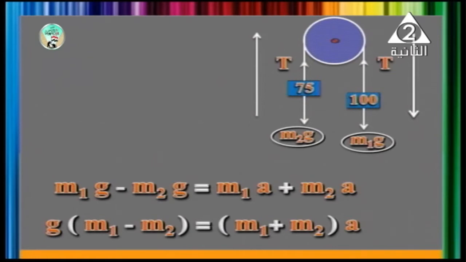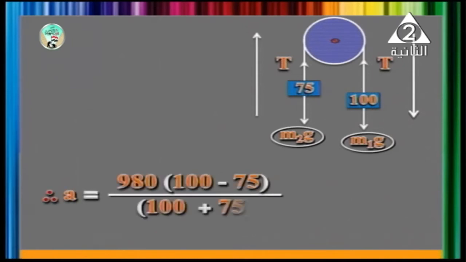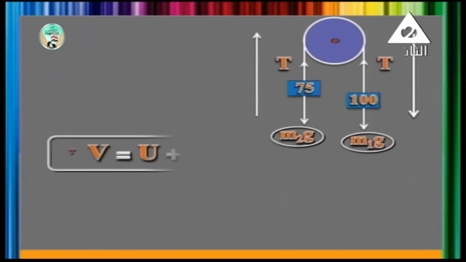Then, my dear student, we deduce that the acceleration is 180 multiplied by the bracket containing 100 minus 75 over 100 plus 75 inside the bracket, equals 140 centimeters per second squared. This is acceleration A. What is the velocity? Use V equals V naught plus AT, or V equals U plus AT.